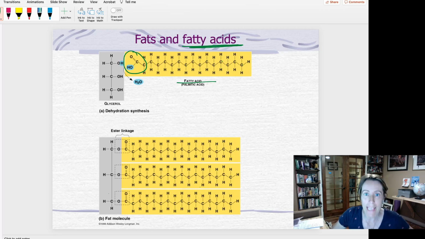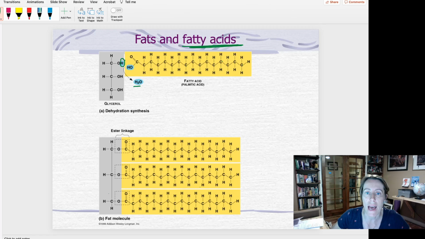Now, to make a triglyceride, we're going to have to hook these together. So I'm going to bring my fatty acid up to my glycerol backbone, and I'm going to do a chemical reaction here, which should look familiar to you guys. Now, admittedly, you've never seen glycerol before, and you've never seen a fatty acid before. So those individual molecules are new, but the reaction that they're doing should be very familiar. They come close together, and when these interact, there's an H and an H and an O, 2 H's and an O. These can interact together, do a chemical reaction, and join up to make H2O, which is our friend water.